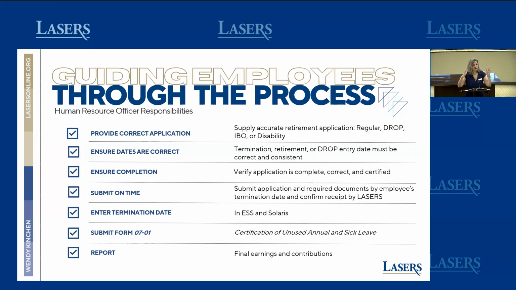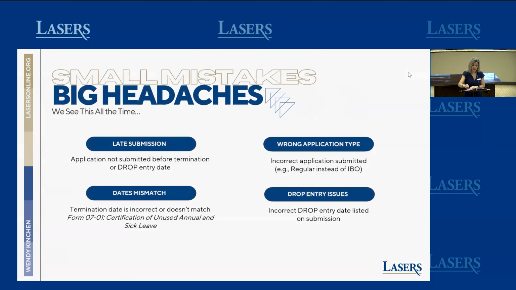This is something that you, as the agency, have a responsibility to take care of. It is not initiated by the employee. The employee will initiate that they want to go through the retirement process, but this is part of that process that is not initiated by the employee, and it is a very important responsibility that you have as the agency. So just make sure that you do submit that Form 0701.